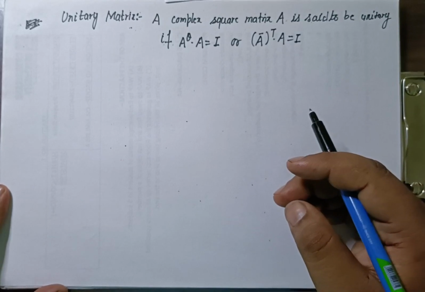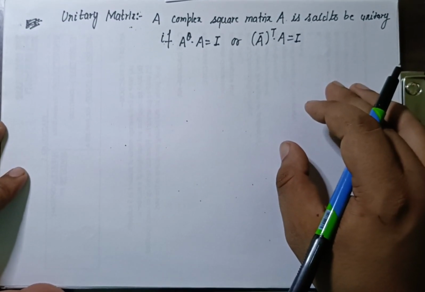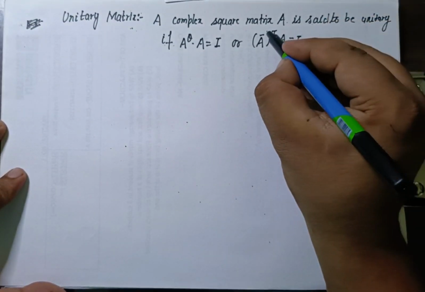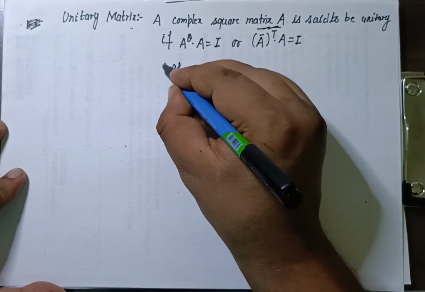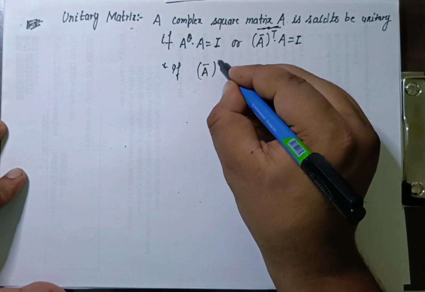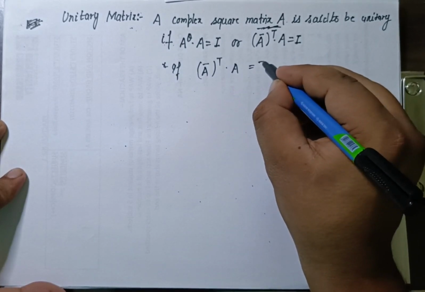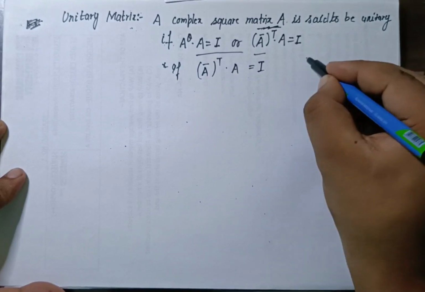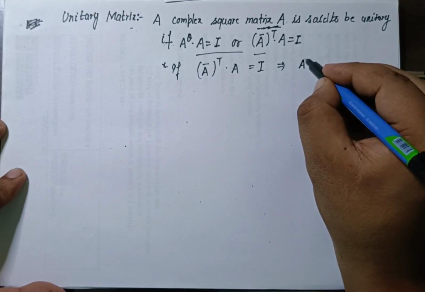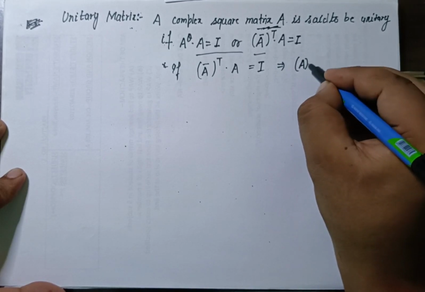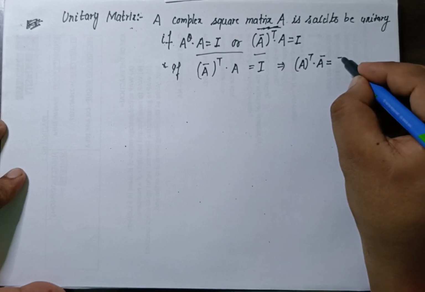So, taking the conjugate of both sides: now if A conjugate transpose into A is equal to identity, if we take the conjugate of both sides, the conjugate of a conjugate matrix is again the same matrix, so A transpose into A conjugate is equal to the conjugate of the identity matrix, which is again identity.